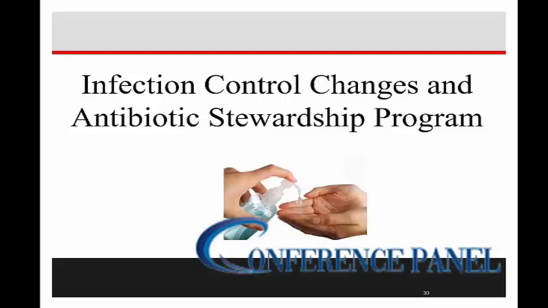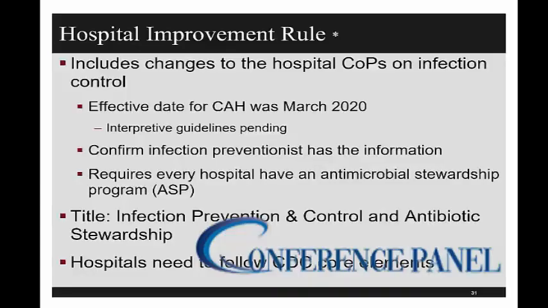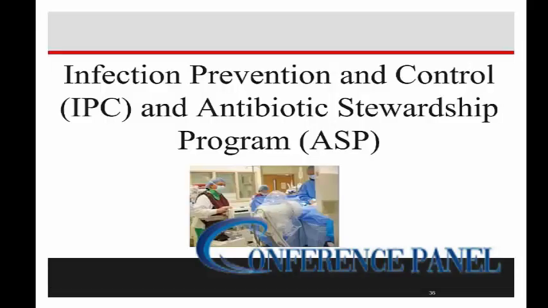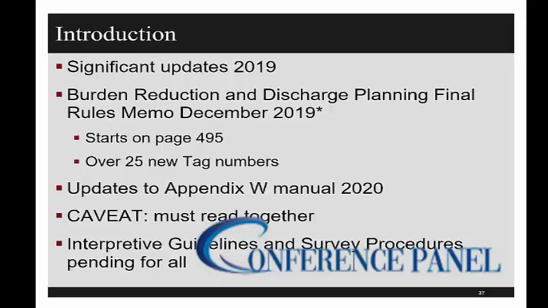Well, let's go ahead and start with the first topic of this part 3 of the 4-part series, and that's infection control. Also, the antibiotic stewardship program, which was new when they made the changes as a result of the hospital improvement rule. Now, hospital improvement rule is a shortened phrase for the very long memo that came out. It was part of the burden reduction, transparency, et cetera. So for infection control and your antibiotic stewardship program, again, significant updates.